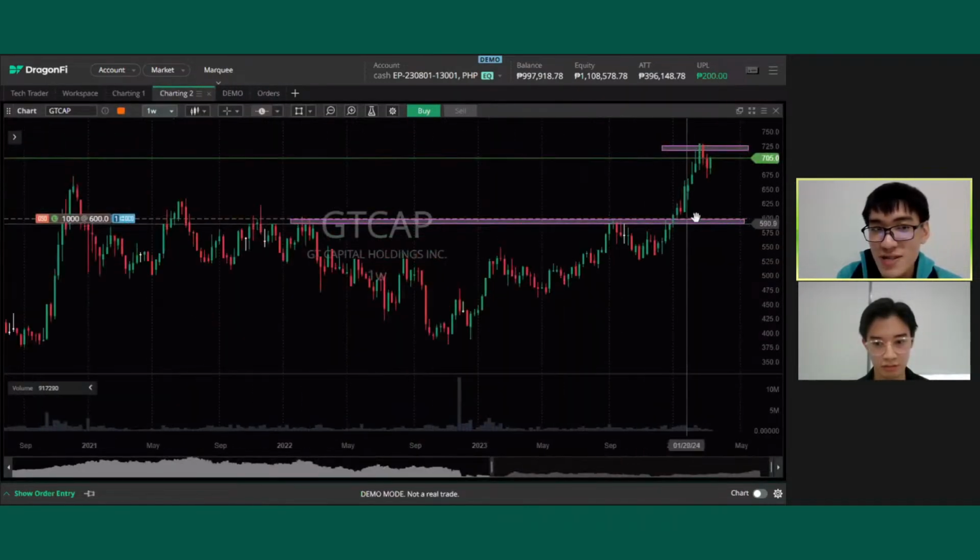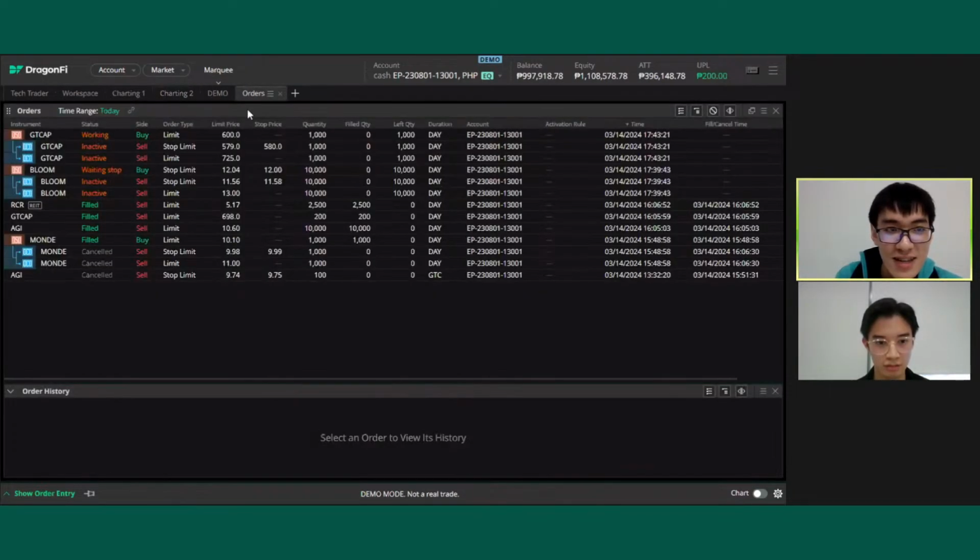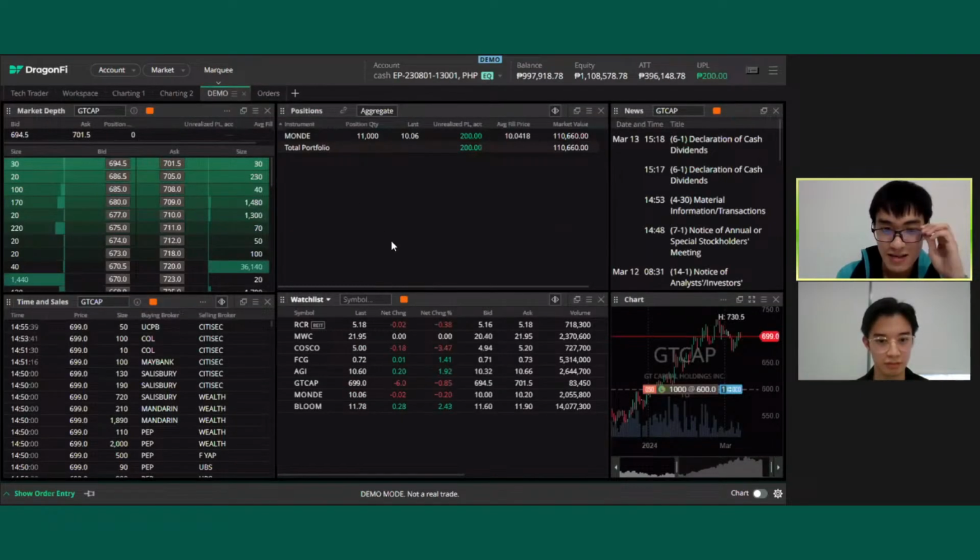So your order is already here. So you can see it here. So you're just waiting for price to come back to 600 so that you get filled. Then, once your buy order is filled, it will activate these two sell orders. So one is your stop loss, then the other is your take profit. So that's how it works, right?